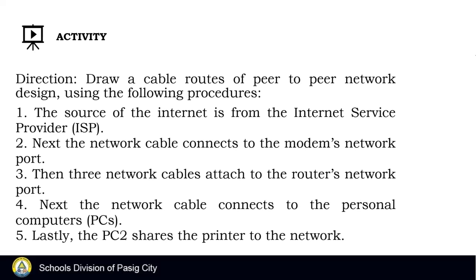Number 3, then three network cables are attached to the router's network port. Number 4, next, the network cable connects to the personal computers. Number 5, lastly, PC number 2 shares the printer to the network.